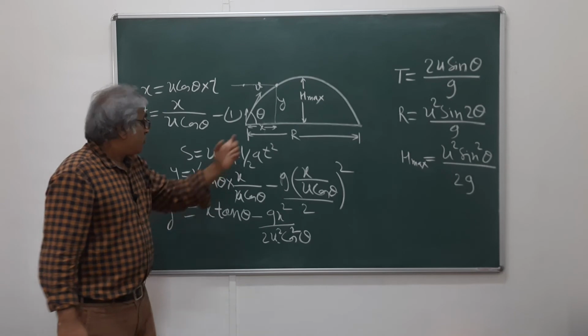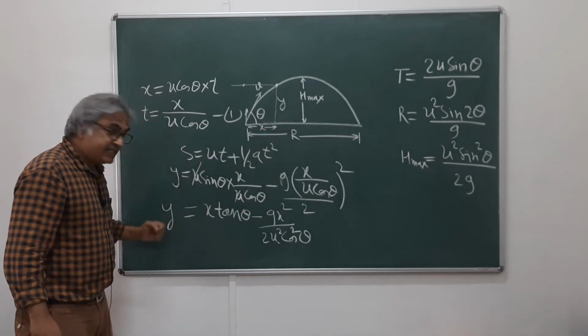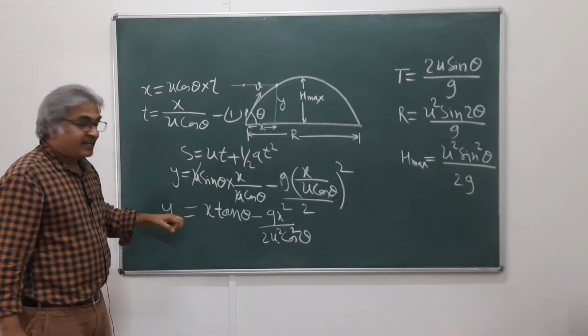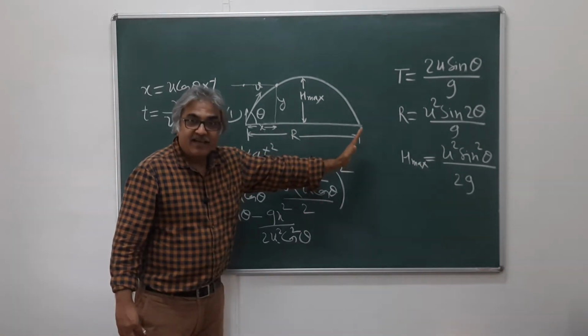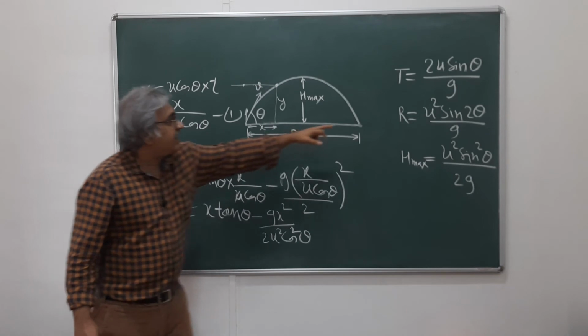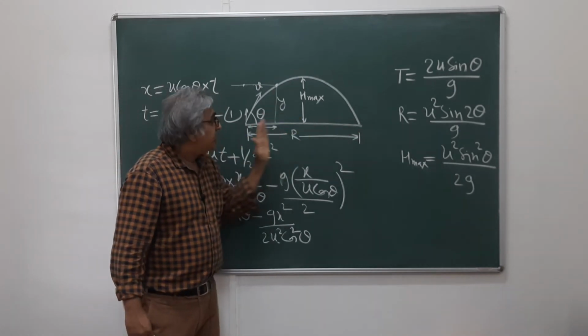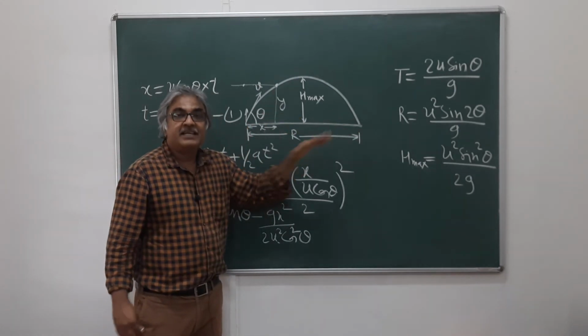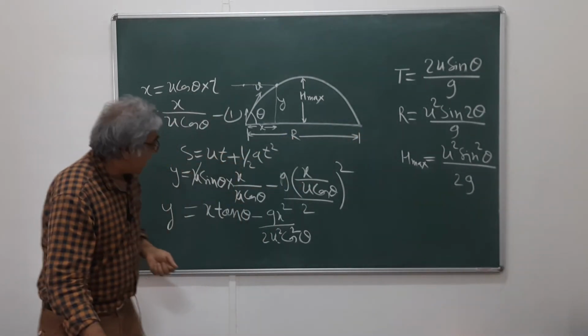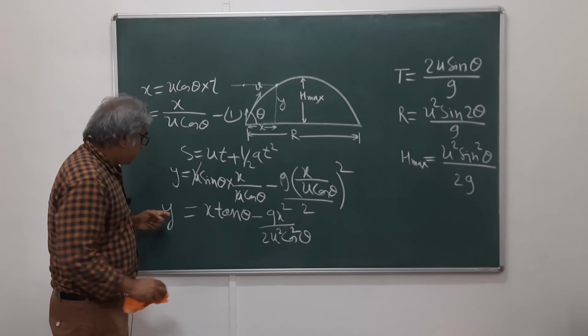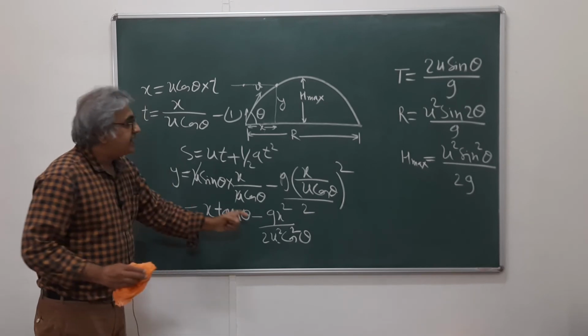So if you put y is equal to 0, you should get the horizontal displacement x as r. Okay, if you put y is equal to 0, because here the vertical displacement is 0, then the expression for x is nothing but the value of r, so it should match here. So let's do that. We will put y is equal to 0 and rearrange these terms.